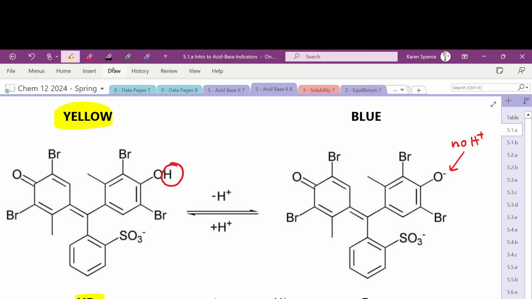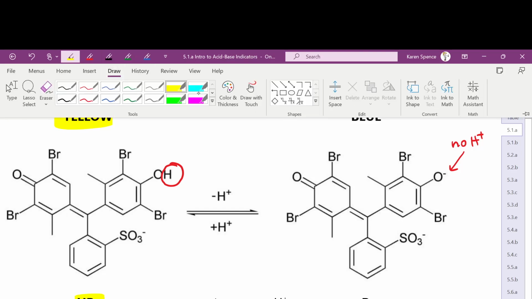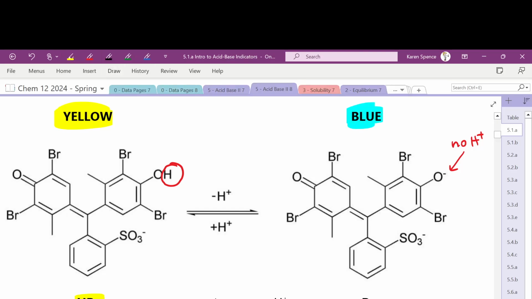And we have the HBG form. We've called it HBG for brom-cresol green. You could call it HIn also. And the BG minus form of the indicator, the base form, is blue.